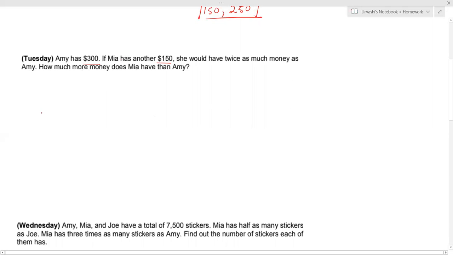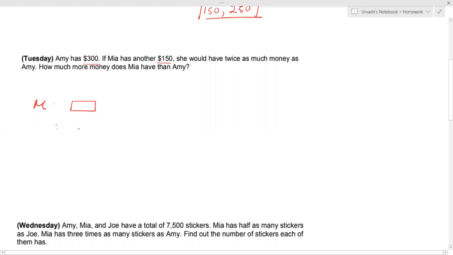I put M for Mia, and then I drew a box, and I drew another box for 150.